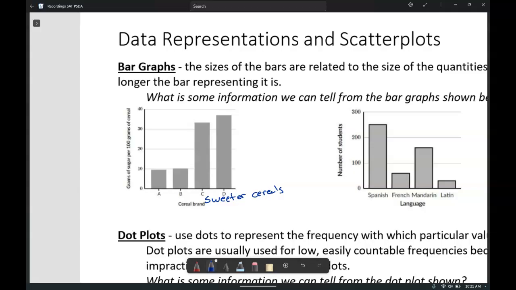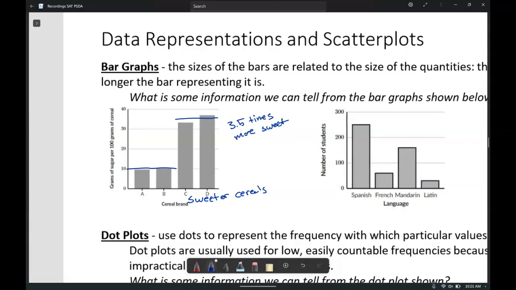If we look at the two less sweet cereals that have about 10 grams of sugar per 100 grams of cereal, and then we look at the more sweet cereal, we see that they are about 3.5 times more sweet. So that's just some of the information that we can get from this graph.